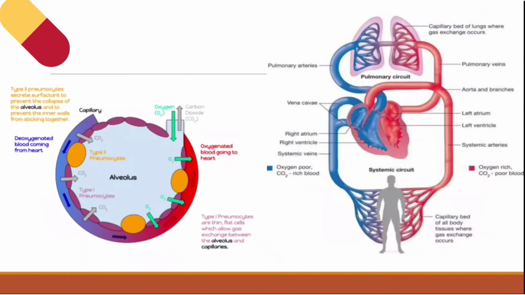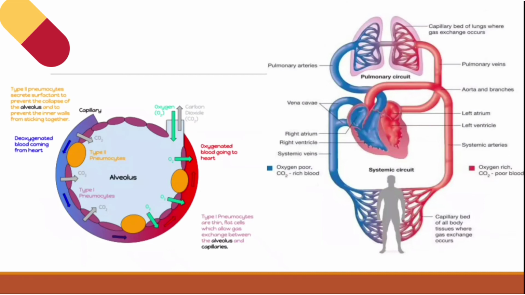So if we take a look at the concentration difference of carbon dioxide and oxygen between the alveolar air and the blood, we can see that the alveolar air has a low concentration of carbon dioxide as compared to the blood, which has a higher concentration.